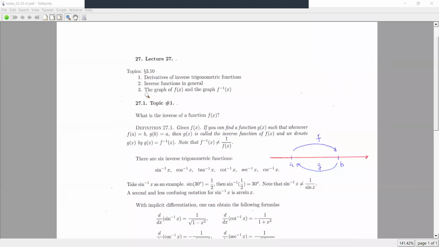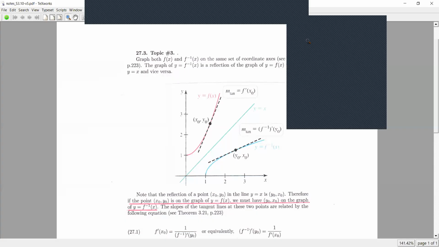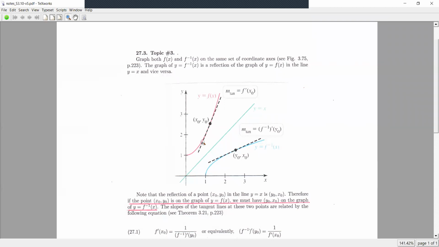Topic 3, the graph of a function and the graph of its inverse function. Plot the graph of function f, and plot the graph of f inverse. Then draw a line through the origin with slope 1.